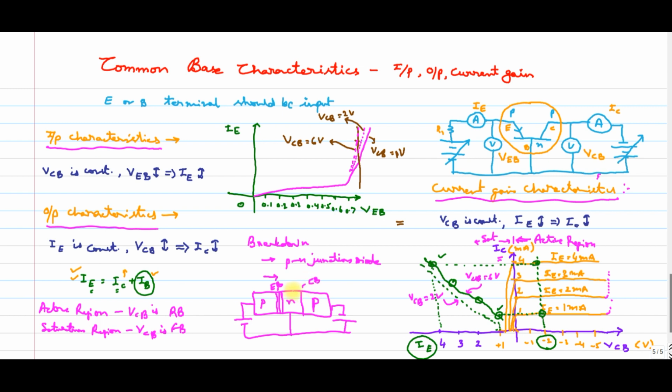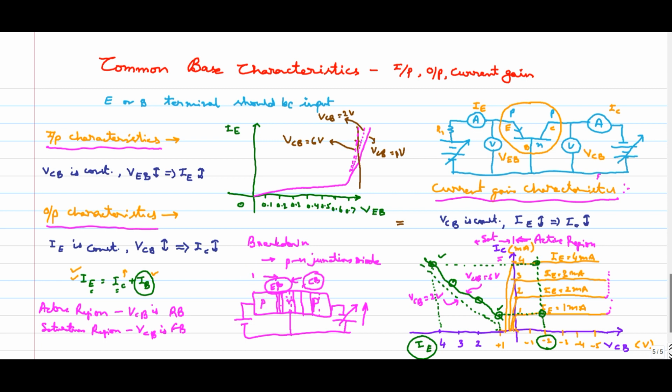In the collector base junction, because of the reverse bias condition, the depletion region is wider like this. If you keep increasing the reverse bias voltage, it becomes further wider, and after some specific value it finally reaches the emitter base depletion region.